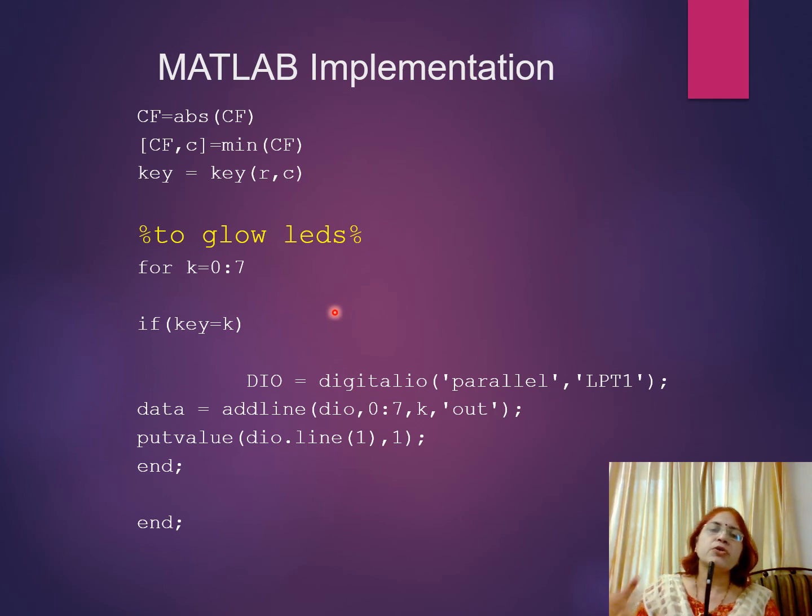If you want to show the result or display something, like in our project, you can glow a light after a particular key is selected. Each and every time you cannot show the command window, so for that purpose you can use the LEDs. So for 8 keys, we are going to glow different LEDs.